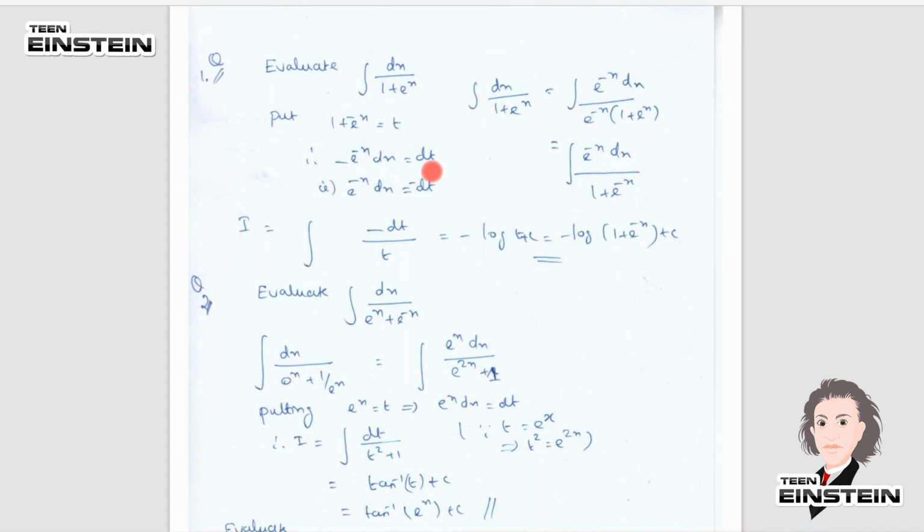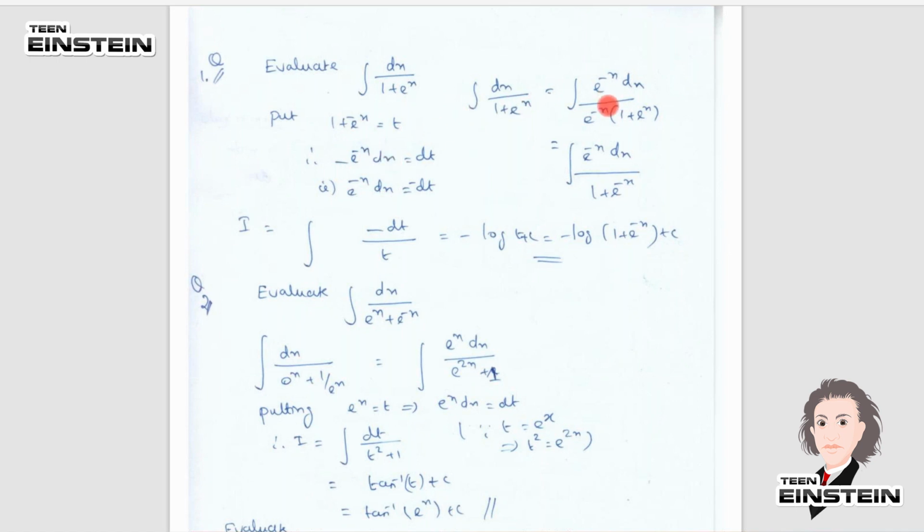Do you understand what I'm telling? If you take e power x plus e power 2x equal to t, then if you differentiate that, you'll be getting e power x plus 2 times e power 2x. But we don't have that term here.